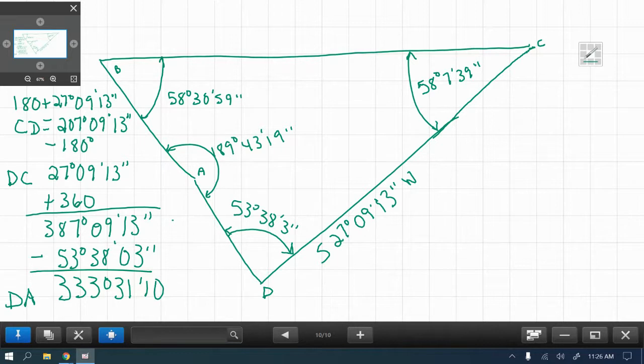So some had that, but that's the north azimuth, and I asked for the bearing. So you could leave it like that for just a minute, and move on and solve for the next two.